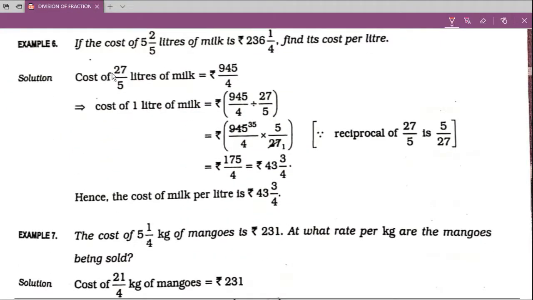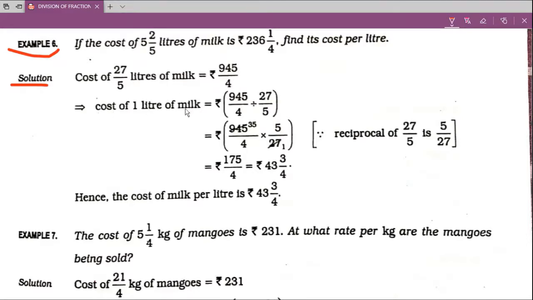The next question, example number 6. If the cost of 5 whole 2 by 5 liters of milk is rupees 236 whole 1 by 4, find its cost per liter. Solution. Cost of 27 by 5 liters of milk is equal to rupees 945 by 4.